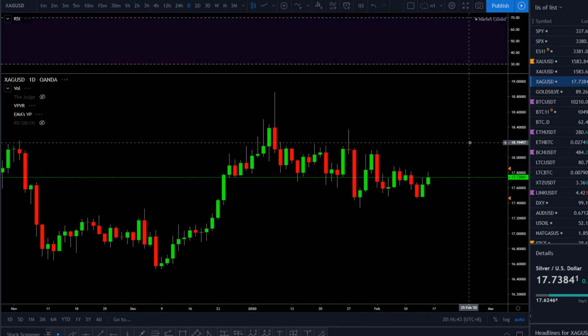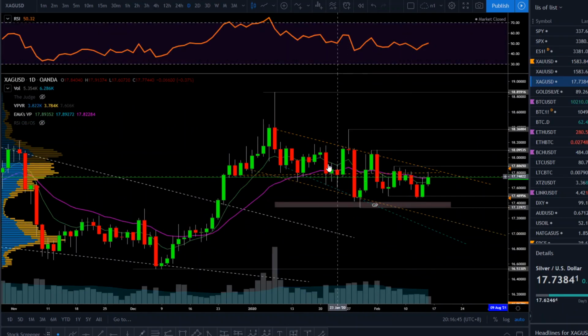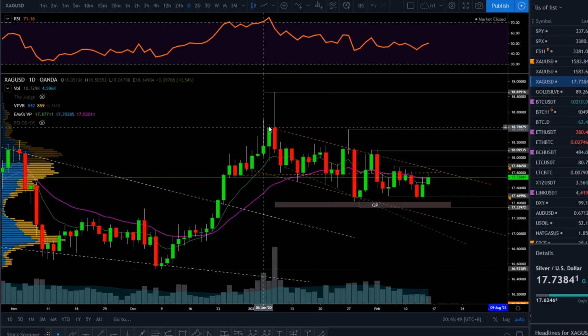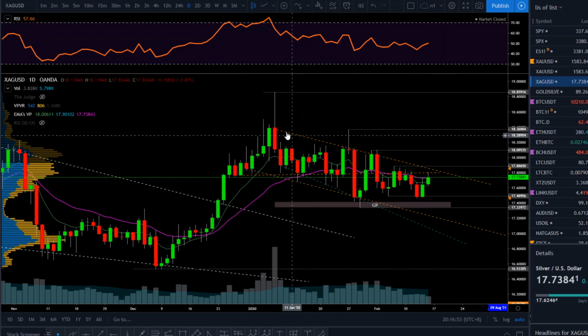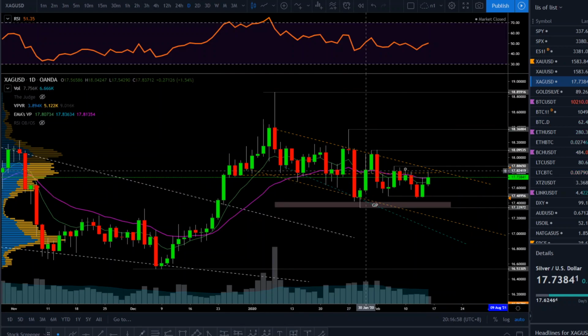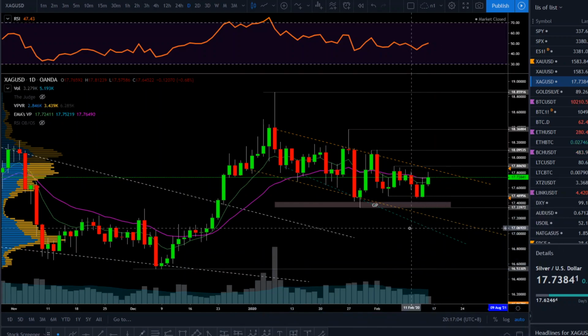If we're looking at silver, silver is looking a bit weaker. It was in sort of a channel on the daily here, a channel going downwards. Excuse many of my lines here. I'm just going to remove this one.